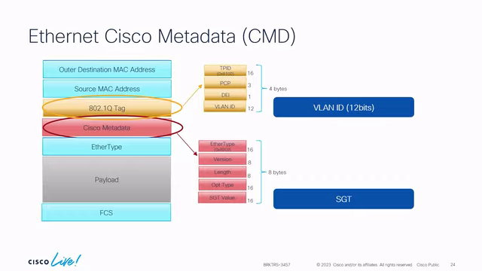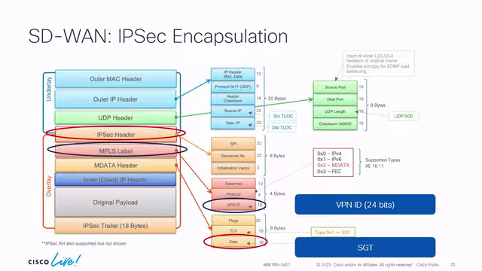And then in Cisco metadata, we carry information like the SGT value natively in the frame itself. And this is how we pass information about macro segmentation and micro segmentation through the Ethernet Cisco metadata header. And then as soon as the packet reaches IPsec, it will again remove some of the headers and add additional ones.